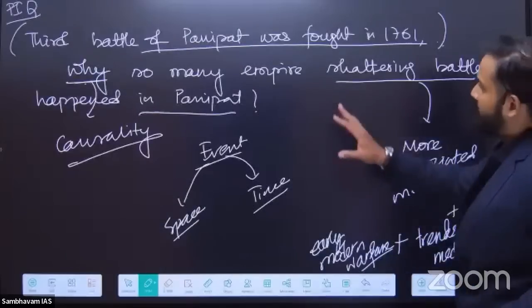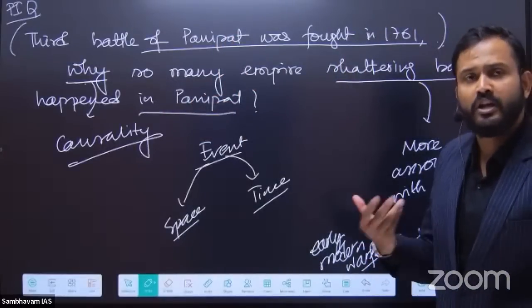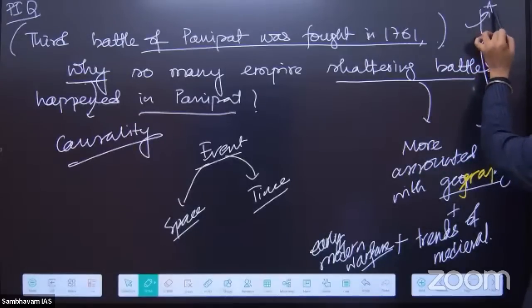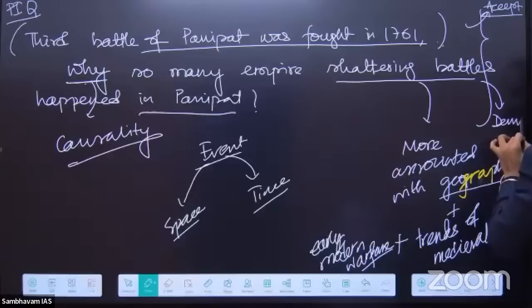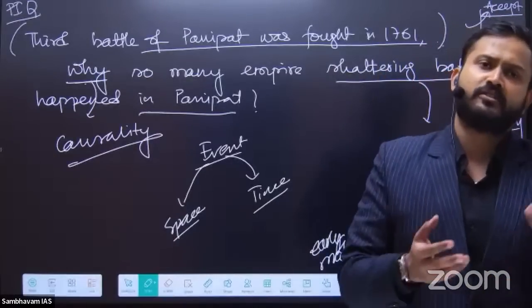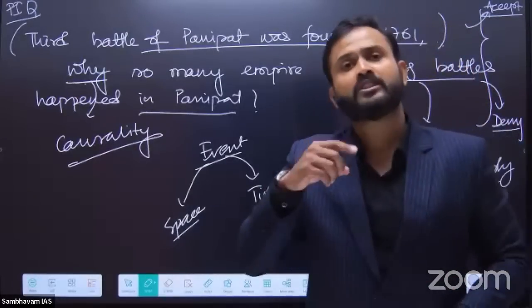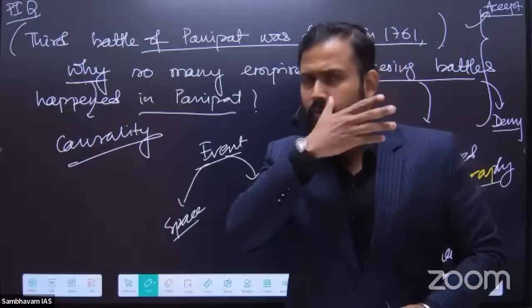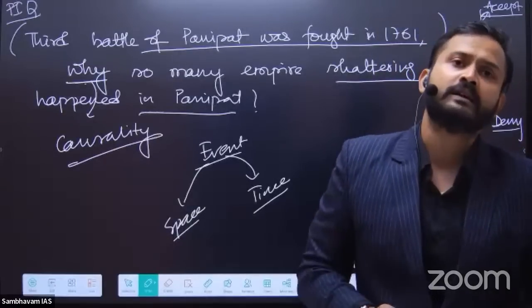Then for a given thesis statement, there are generally steps to think about. You can accept the validity of the thesis statement. You can accept or you can reject or deny the validity of the thesis statement. That means for every statement provided, there is the path of acceptance and the path of denial. And there is a path beyond acceptance and denial. For an extreme statement, suppose, let us make an impact on your mind: smoking is injurious to health.